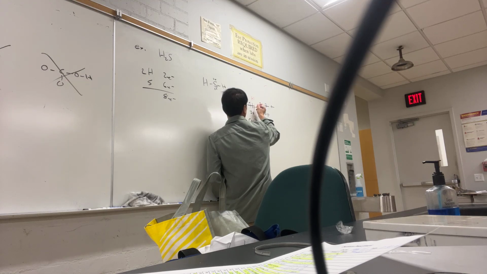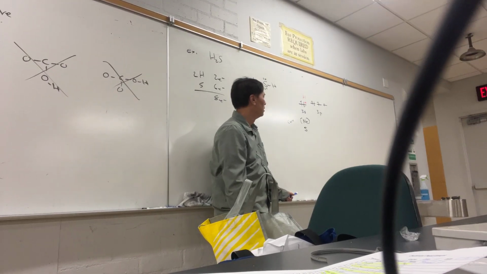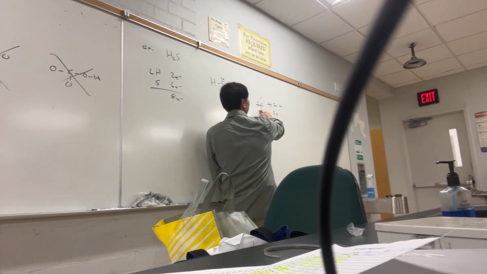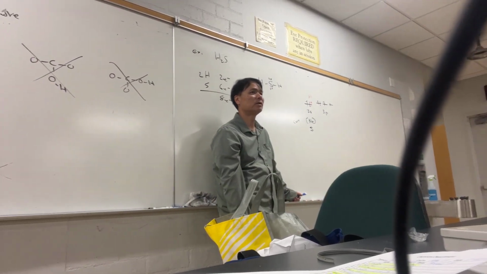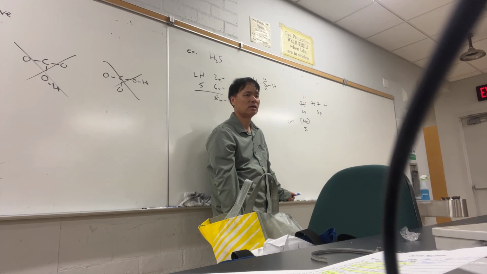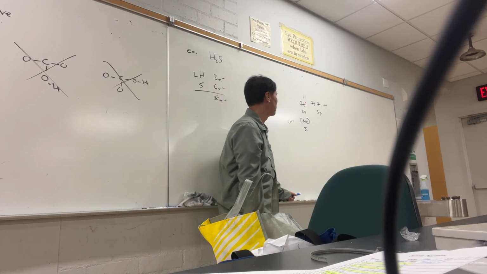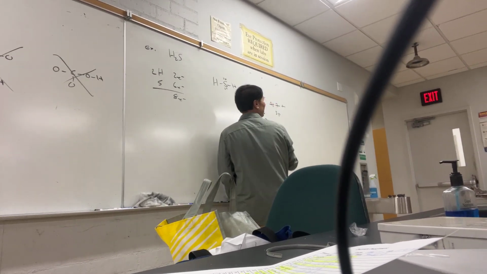It can't happen. We can't put 3 electrons into 1 bond. And so we can form a bond here, and we can form a bond here. So sulfur would like to form 2 bonds to the hydrogens. Hydrogen is going to donate 1 electron to the bond, and the sulfur is going to donate the other electron to the bond.